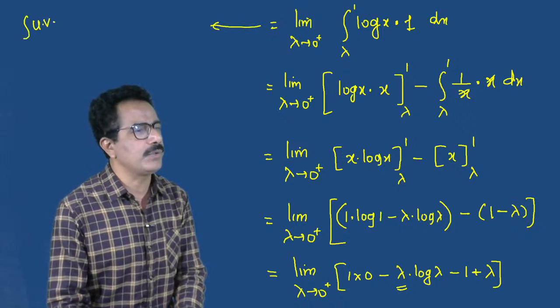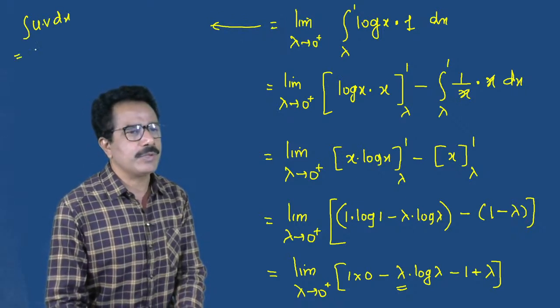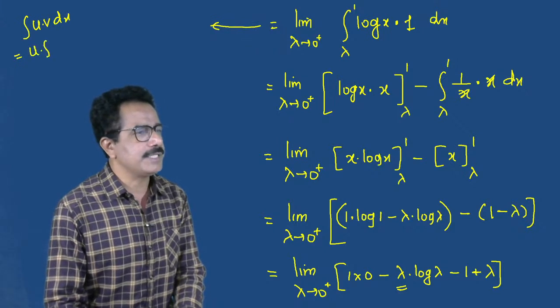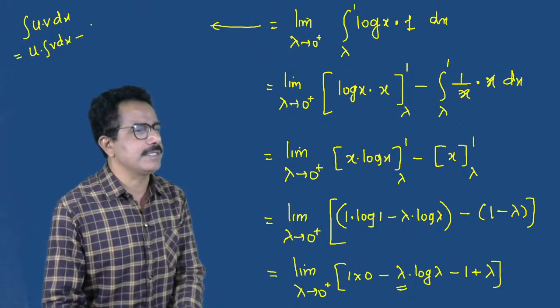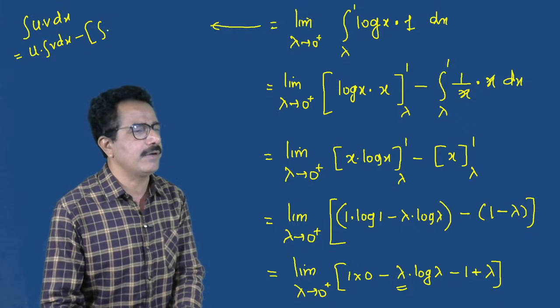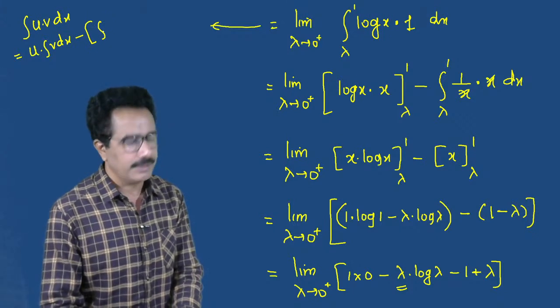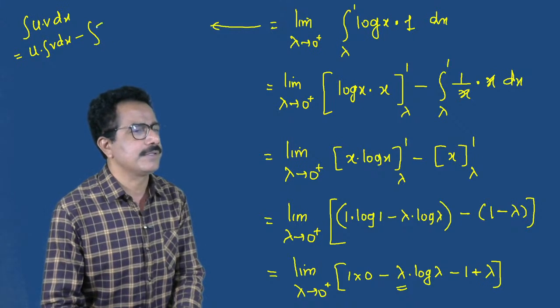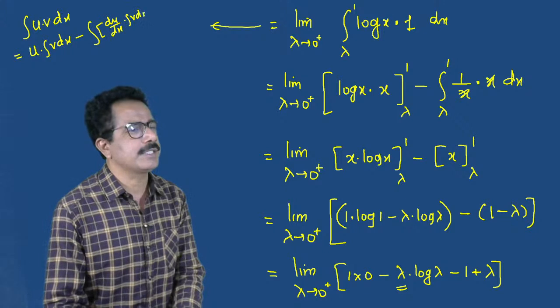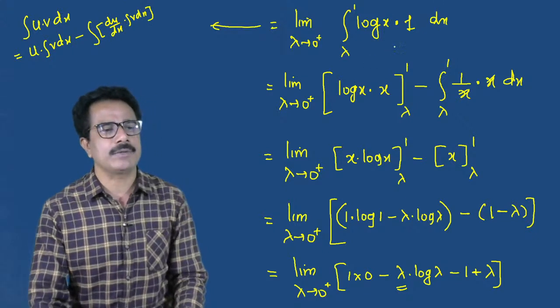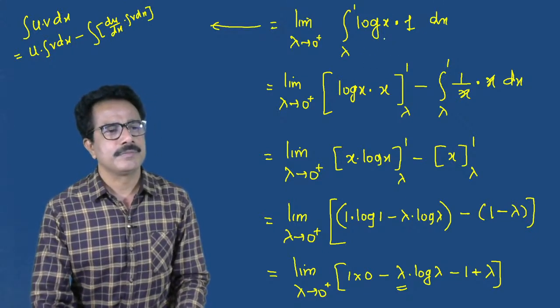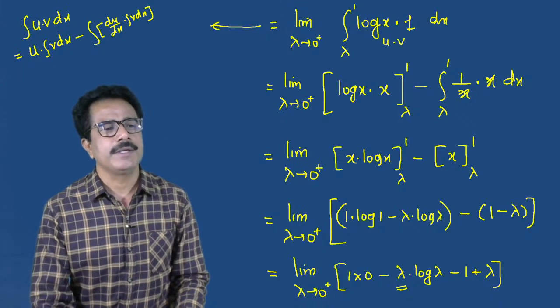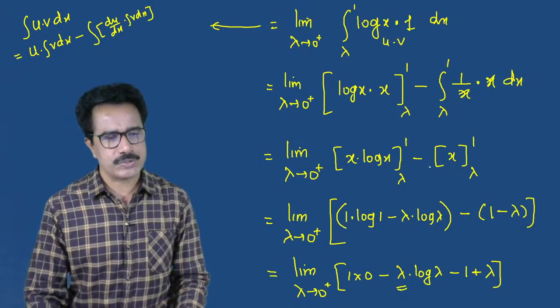The integration of u into v dx: the first function into the integration of the second, minus the integration of the derivative of the first into the integration of the second. So we have used the by-parts rule. This is u into v. u means log x, v means 1, so we get.